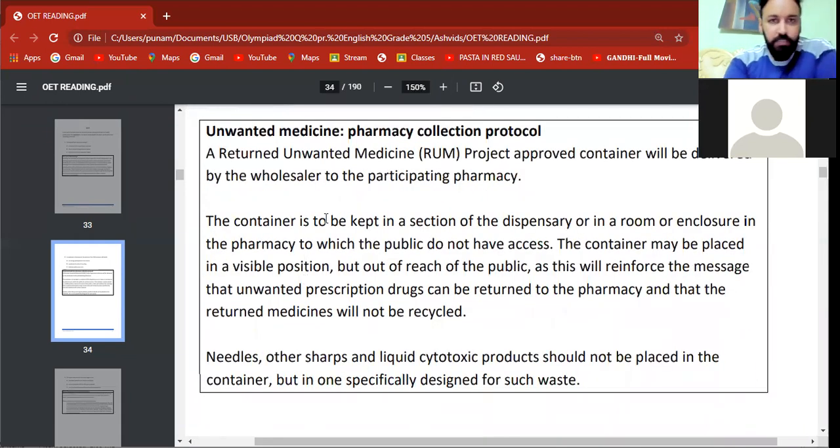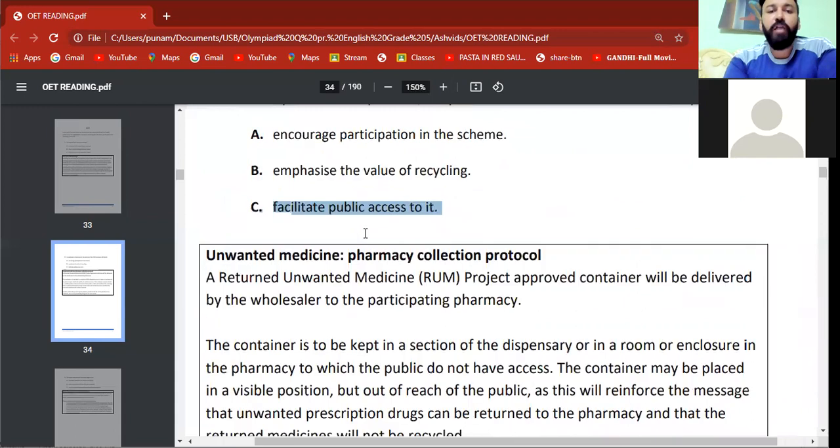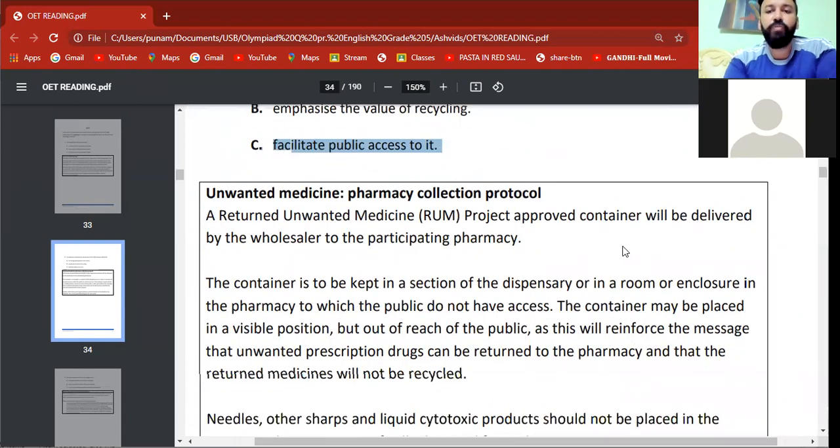Unwanted medicine pharmacy collection protocol. RUM. We are reading what's RUM. Returned unwanted medicine project approved container will be delivered by the wholesaler to the participating pharmacy. It does not help with the answer. It's just mentioning the RUM, which is fine.